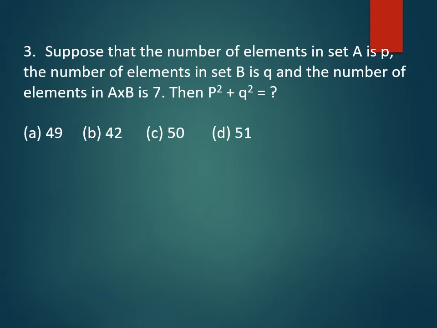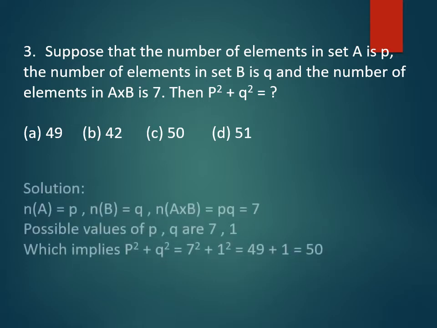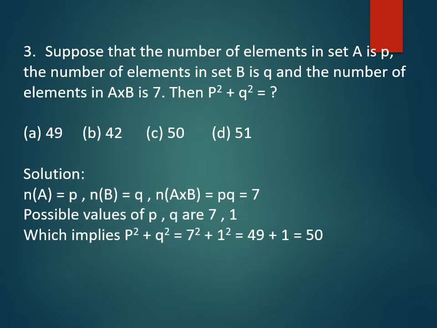So what are the given data here? The number of elements in set A, that is n of A, is equal to P, n of B is equal to Q, and n of A cross B is equal to 7 here. You also know that the number of elements in the Cartesian product A cross B is the number of elements of A into the number of elements of B, that is P into Q is equal to 7.